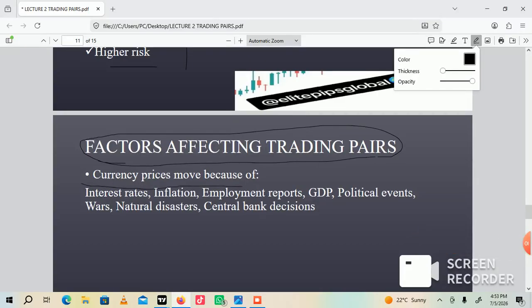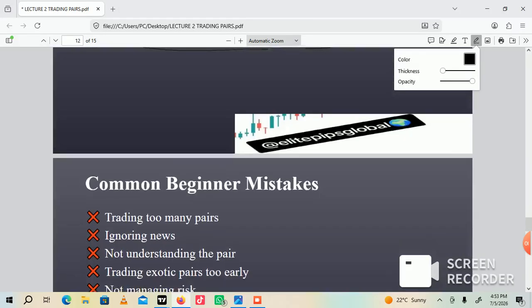Currency prices move because of interest rates, inflation, employment reports, GDP, political events, wars, natural disasters, and central banks. So general news in our real environment can affect these trading pairs. For example, fluctuations in the oil market can affect general trading pairs.